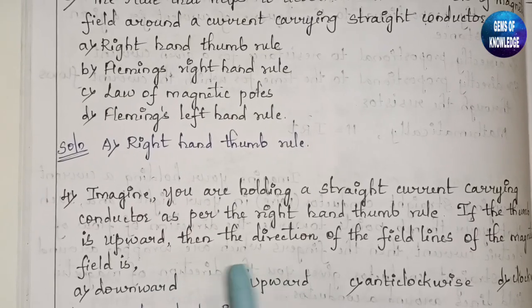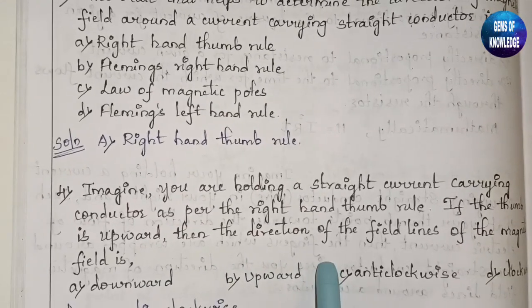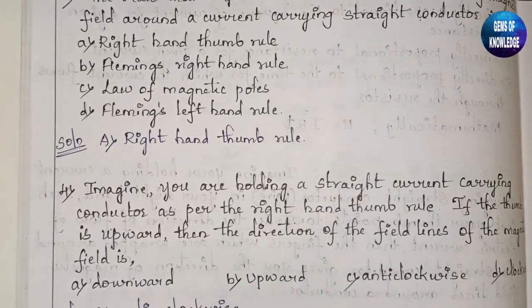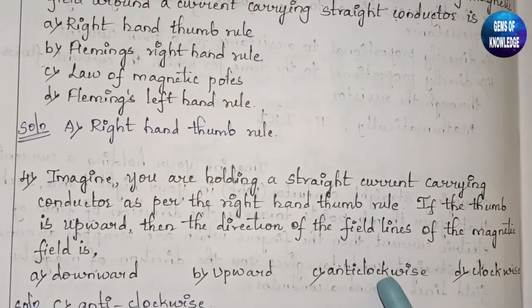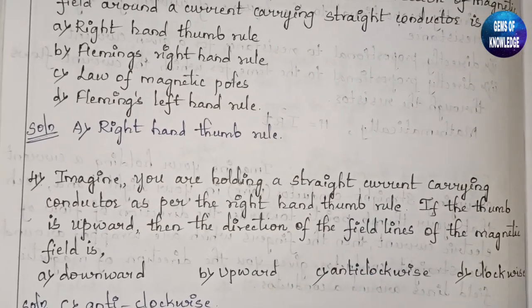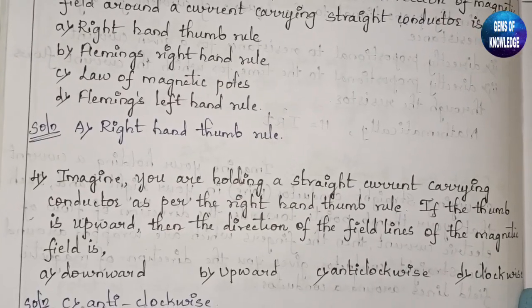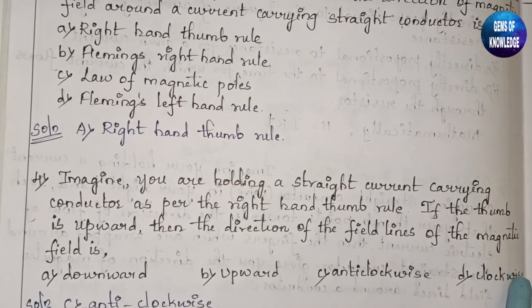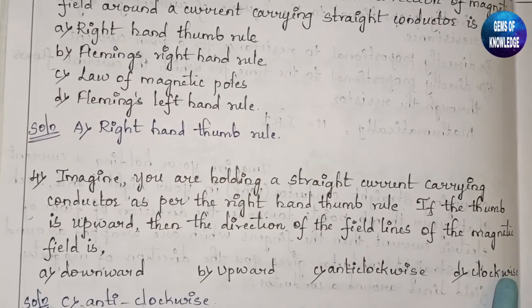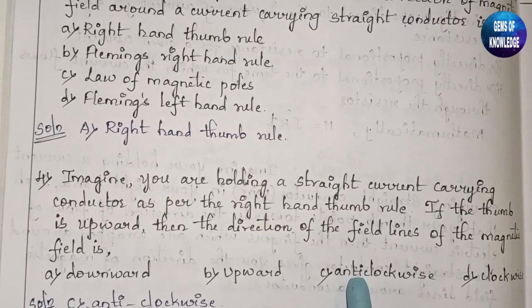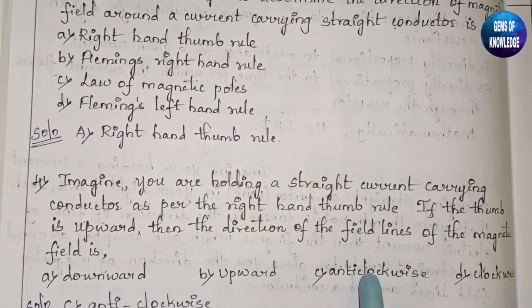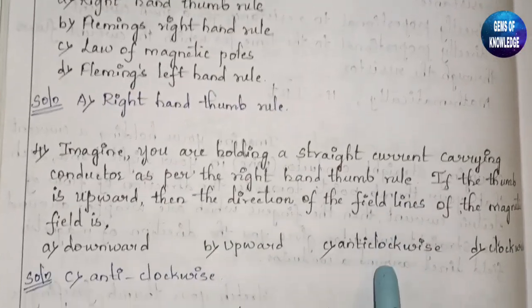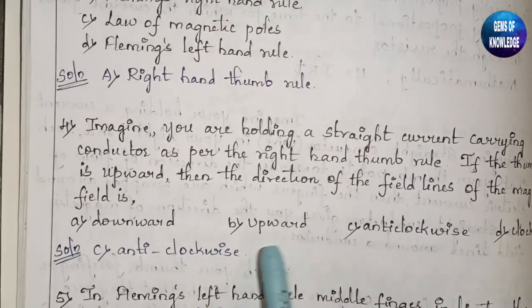So this downward and upward is not there because the magnetic field is moving in a circular manner, so it is not moving in a downward or upward manner. Either it should be anti-clockwise or clockwise. It will be clockwise when the thumb is pointing in the downward direction. It will become anti-clockwise if the thumb is pointing towards the upward direction. So this is the answer, that is anti-clockwise.